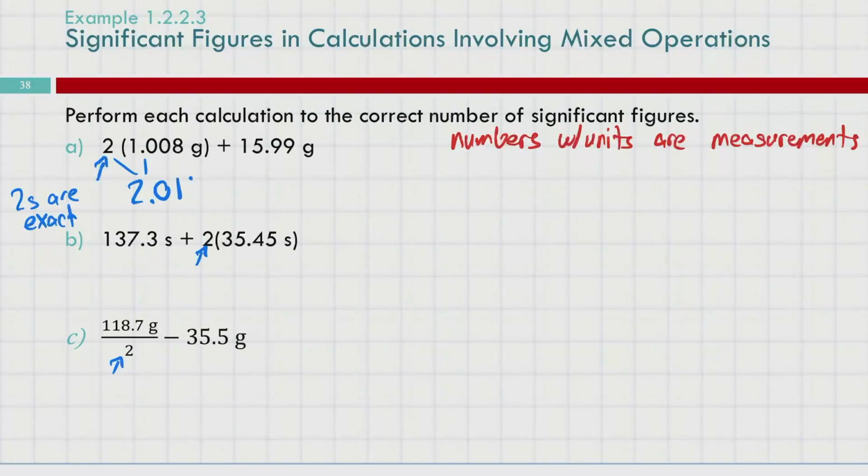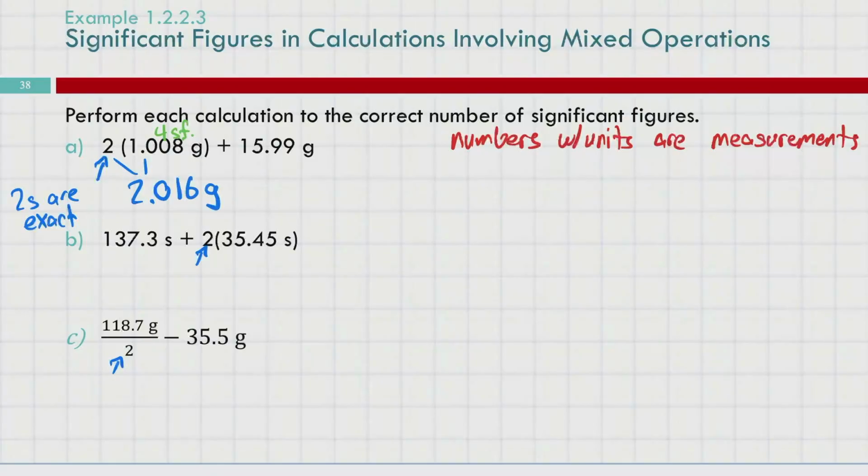So 2.016 grams. The numbers that went into it are the 2, which I've told you are exact, and the 1.008 that has 4 significant figures.